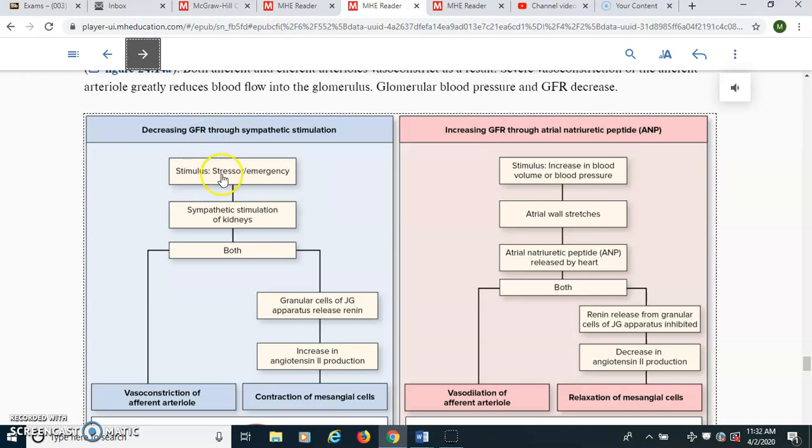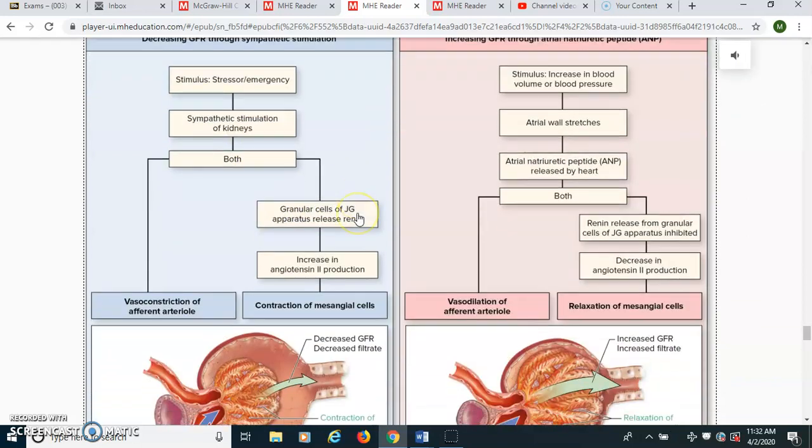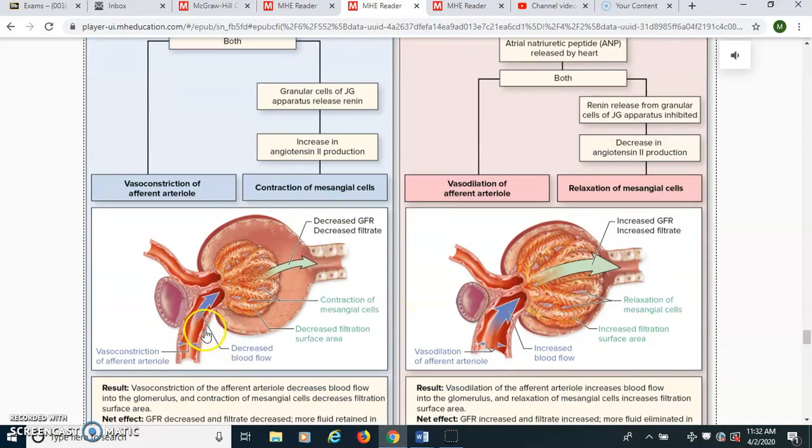So this stimulus, stressor or emergency, we'll use severe hemorrhage as an example. When that happens, the sympathetic nervous system will send a nerve impulse to the kidneys, and it'll have two effects. The first effect is it goes to the afferent arterioles, specifically the smooth muscles in the wall, and causes them to vasoconstrict even more than they can on their own.